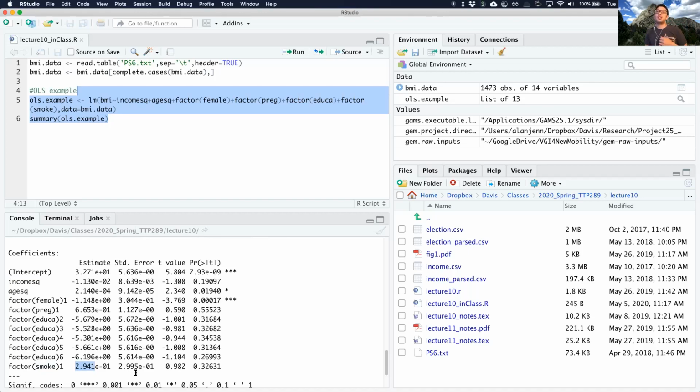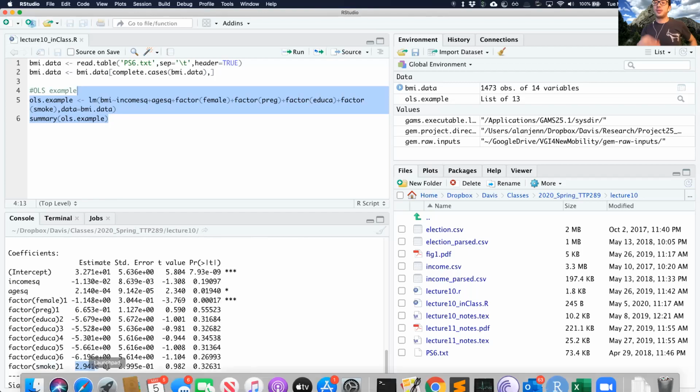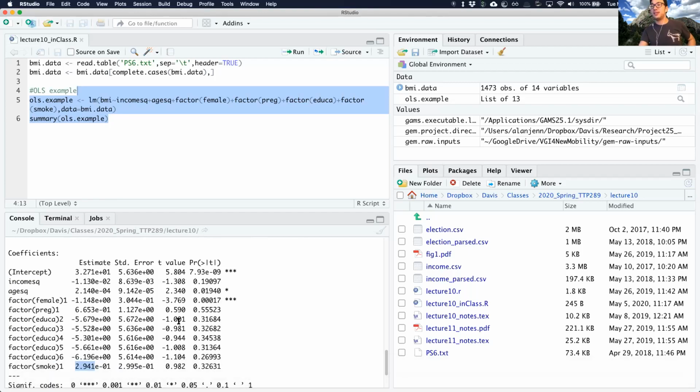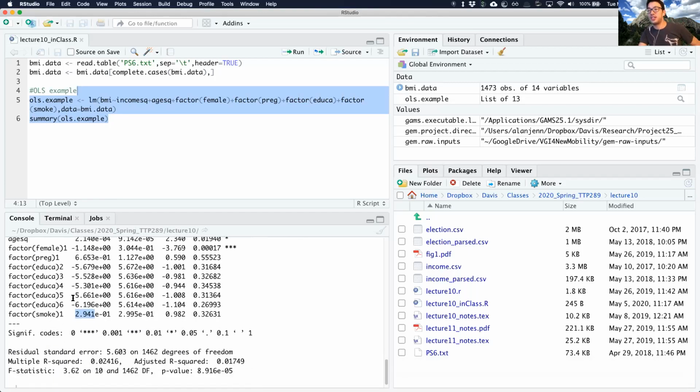But now there's this question of, if you smoke, right, how will that change your BMI? And so we're really interested in understanding the causal relationship between smoking and BMI.